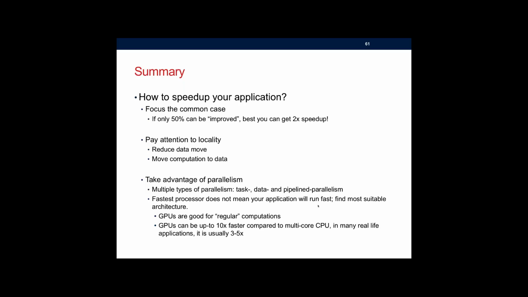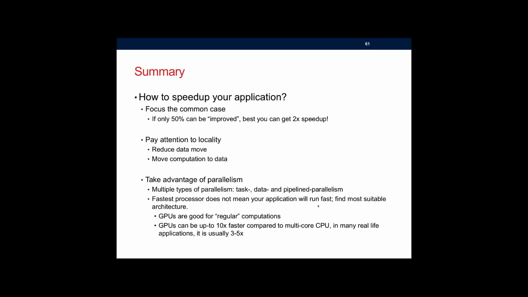When talking about GPUs or any other architectures, you need to make sure that you have a fair comparison. Comparing the performance of a whole GPU with a single core performance is not a good idea. If you're comparing a GPU, you really need to compare against the comparable current CPU using multiple cores of that CPU.